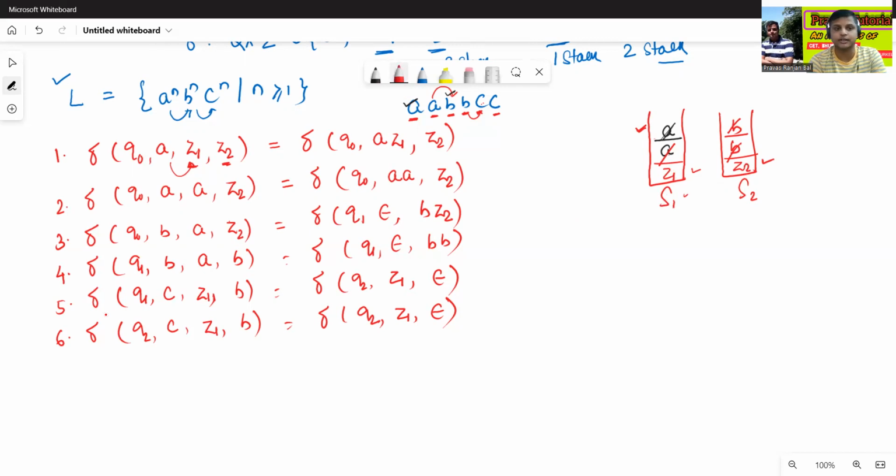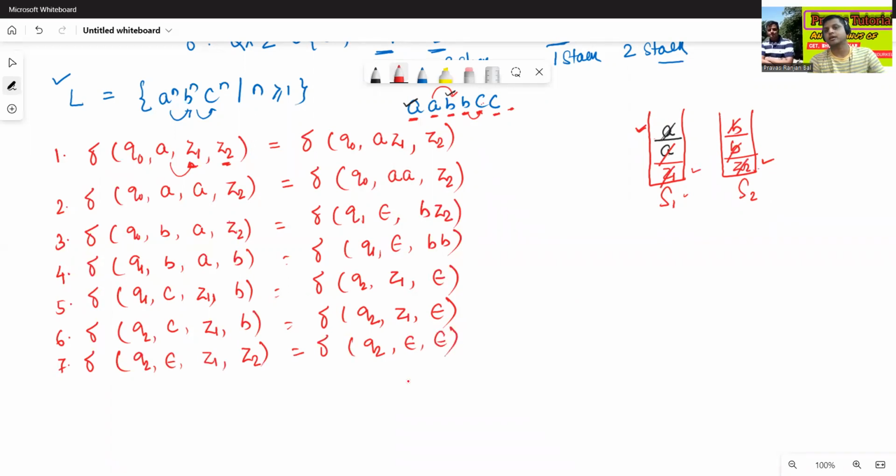Now we'll remove Z1 and Z2, meaning we'll pop. The seventh one, delta Q2. It will read nothing, which means epsilon. The top of the stack is Z1, the top of the stack is Z2. So delta Q2 state, just pop, meaning epsilon.